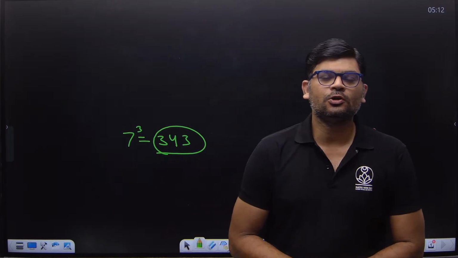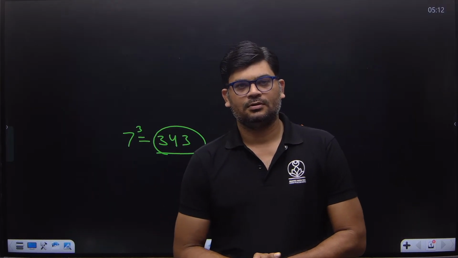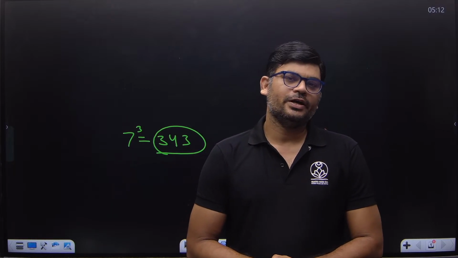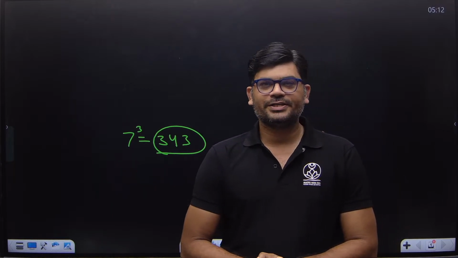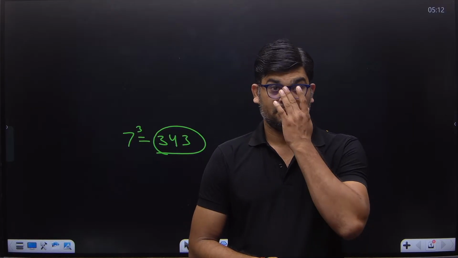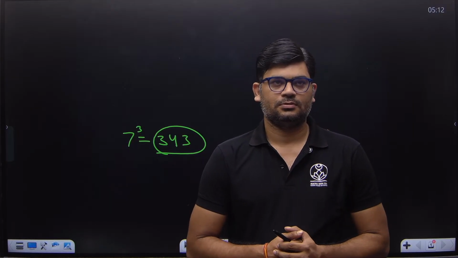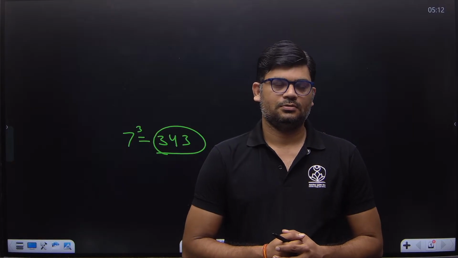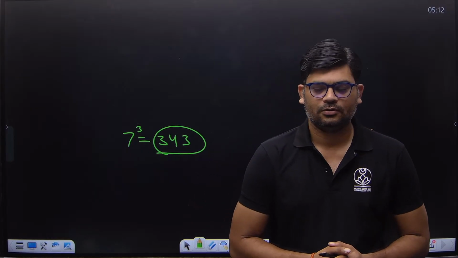What is 2 to the power 12? 4096. Wonderful. What is 5 to the power 6? 15,625. Very good.